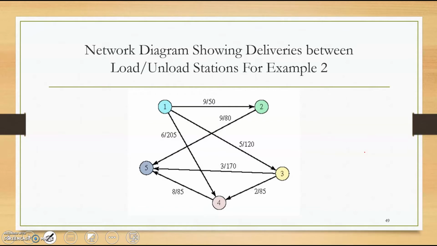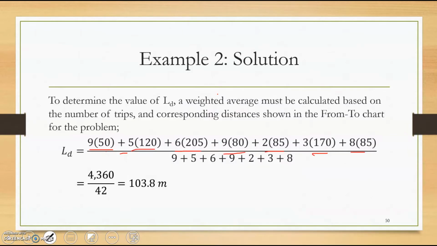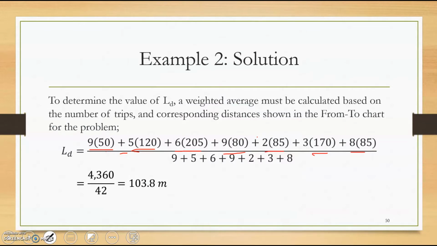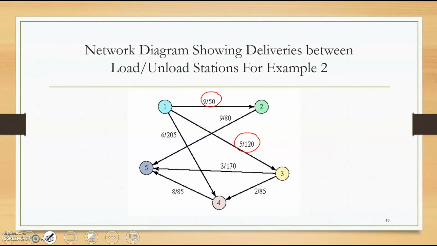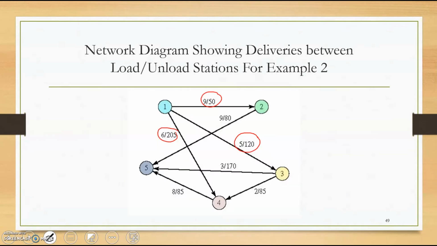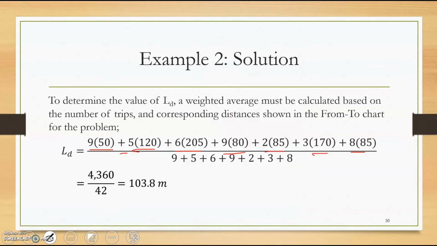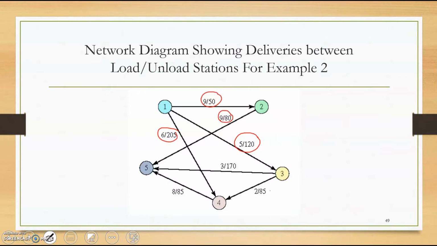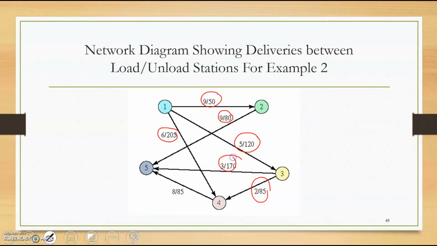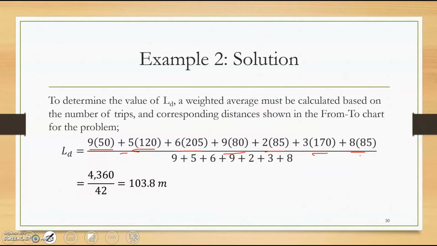For example, the first one is 9 times 50, the second one is 5 times 120, then 6 times 205, plus 9 times 80, plus 2 times 85, plus 3 times 170, plus 8 times 85, and we divide the summation by the summation of deliveries.